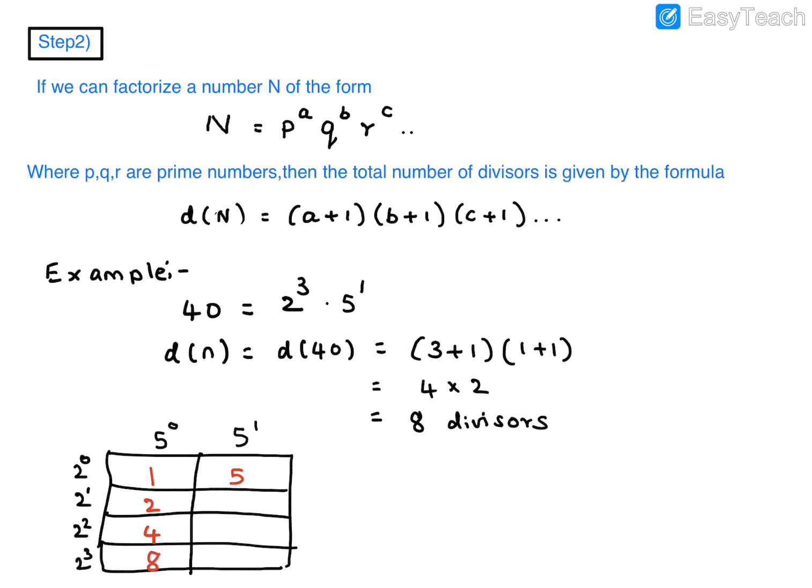We also have 10, 20 and 40 itself. When you add all the divisors 1, 2, 3, 4, 5, 6, 7, 8, we do find that 40 indeed has 8 divisors. Let us do one more example to understand this better.